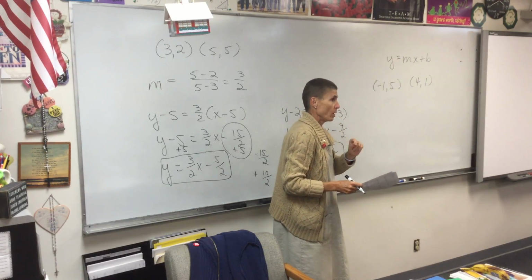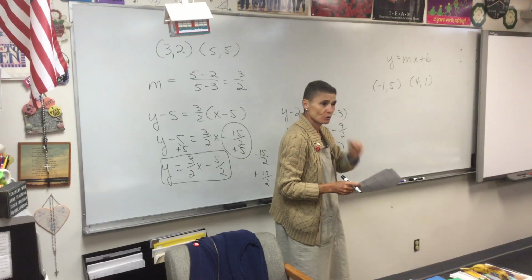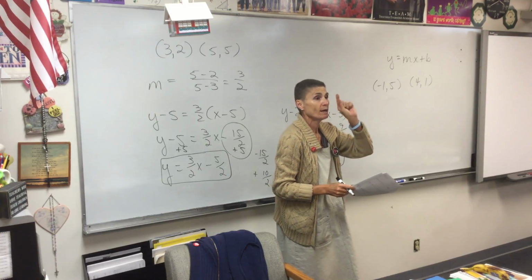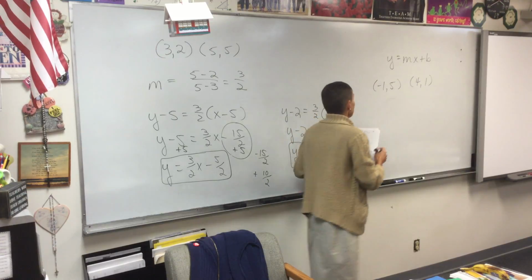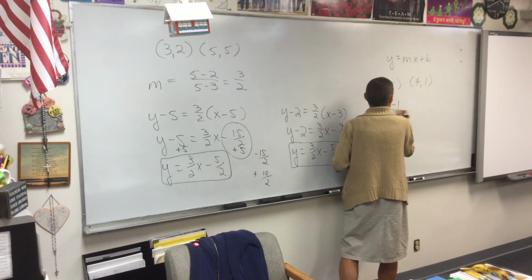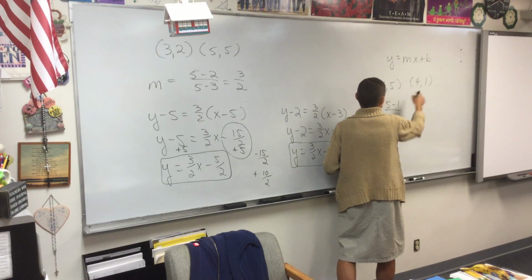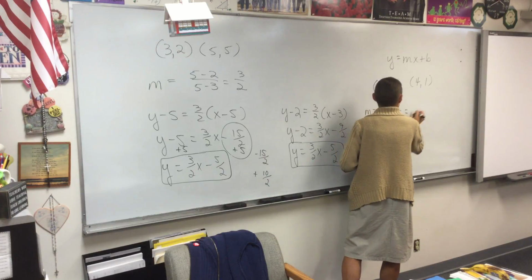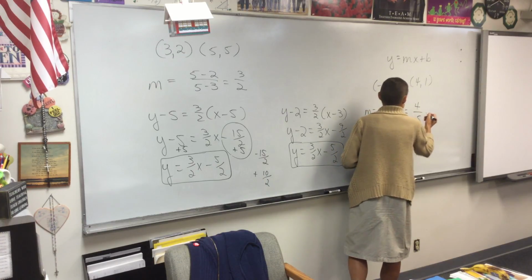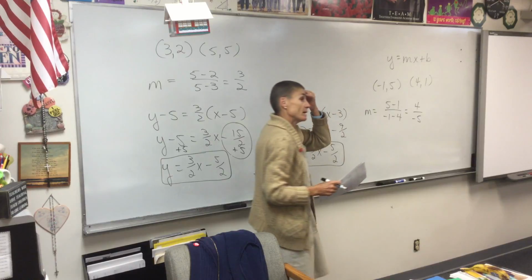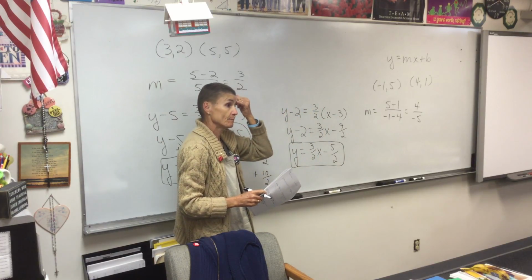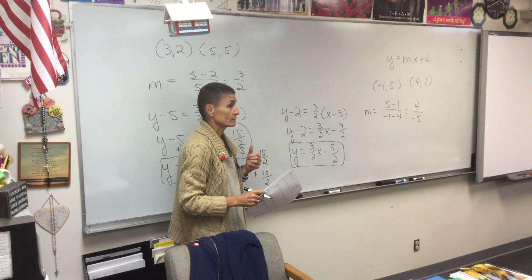No matter which way you're doing the problem, step 1 is find the slope. So 5 minus 1 over negative 1 minus 4. I have a slope of negative 4/5, but you might want to double check that.